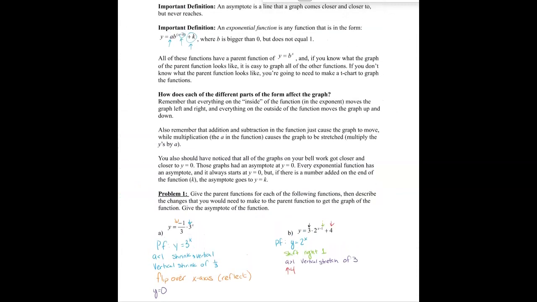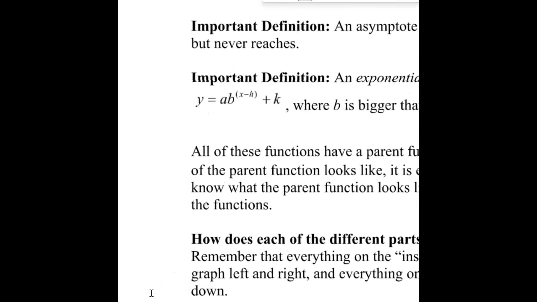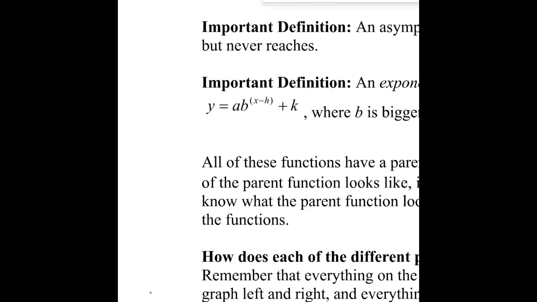Remember that our general equation had an x minus h, which means that for h, I would have had to plug in a positive number to keep that sign subtraction. And I went up 4 because k stayed positive, which means that I would have gone in the positive direction.